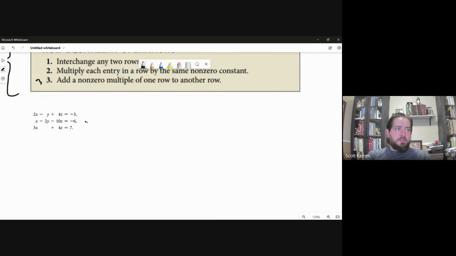So this becomes, in a matrix, I just write these numbers: 2, -1, 4, and I'm going to augment this one. So I've got -3 over here. And then I've got 1, -2, -10, and -6. And then I've got 3. There is no y term in here, so it's a 0. And then 4 and 7. And so this is my matrix.